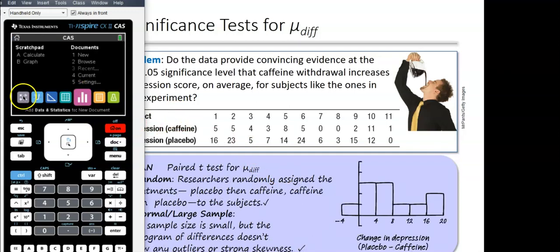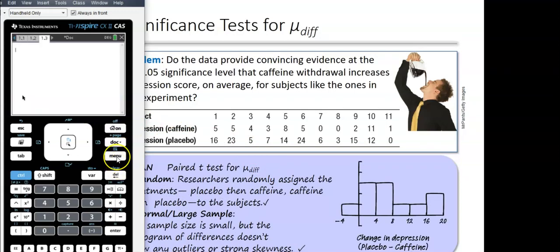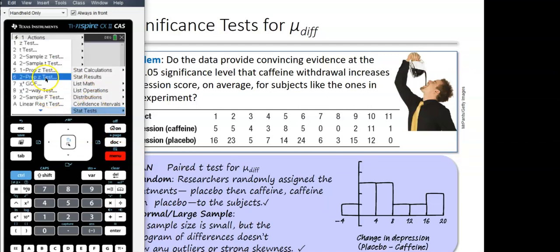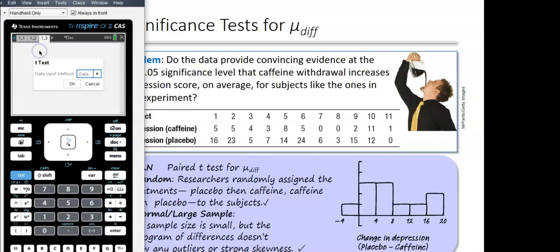So you add a calculator page, because really you want to get the standard deviation, the means, etc. So menu, statistics, and this is a test. And this is a one sample t-test. In the calculator, we just call it a t-test, a one sample t-test, not two sample t-test. And we are going to use data.